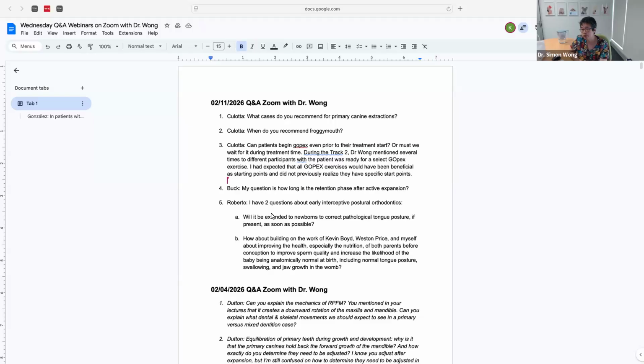When they have been removed, space will be created for the lower canines, the permanent canines, to erupt. And space will be created for the permanent upper premolars, the first premolars to erupt.